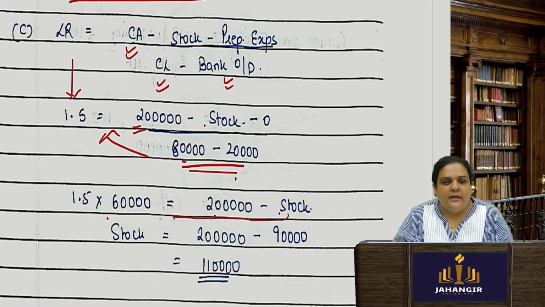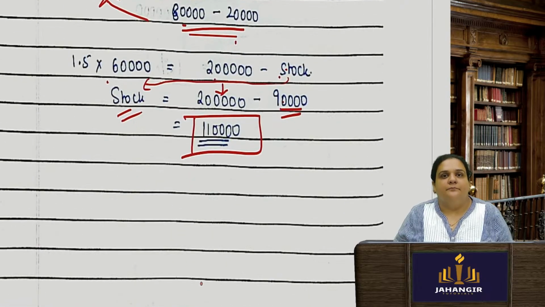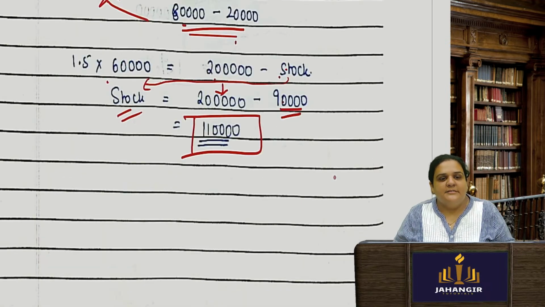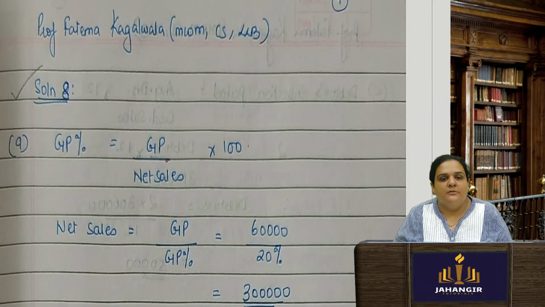When I bring stock on this side, negative will become positive. 2 lakhs minus 60 into 1.5 is 90, so stock is going to be 1,10,000. So I got current assets, current liabilities and stock. Fixed assets and proprietary, they have just given me to confuse. Okay, done. All the amounts are here.